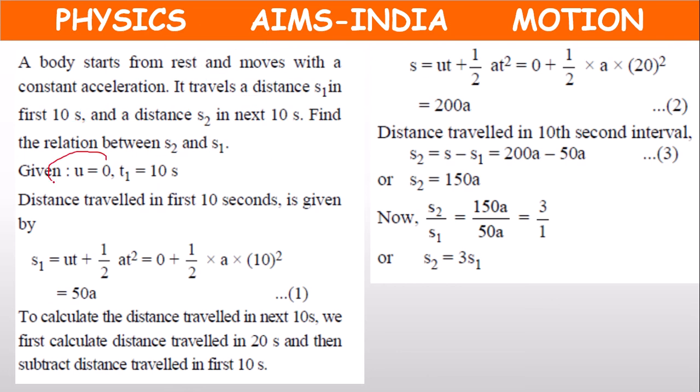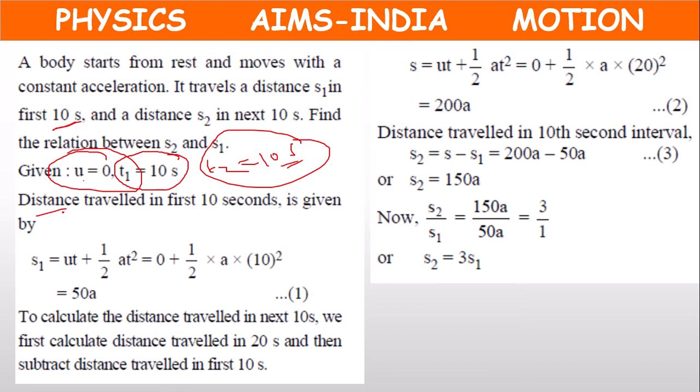Here, initial velocity is 0 and the time interval, first 10 seconds, T1 is 10 seconds given, and T2 also 10 seconds. So distance traveled in the first 10 seconds, let it be S1.